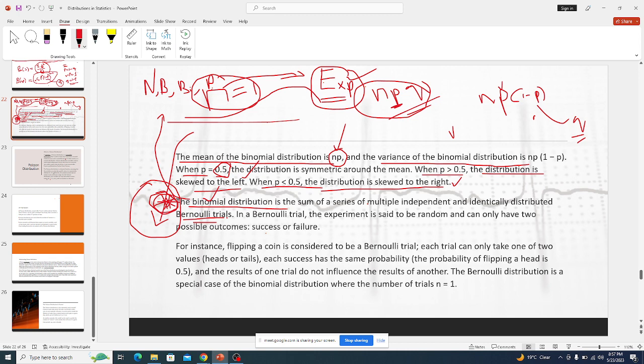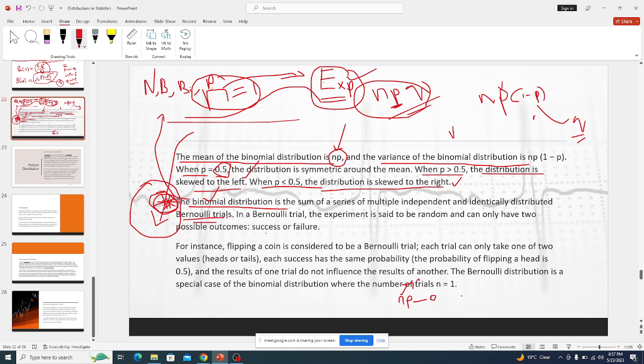So we also discussed the mean and the variance for the binomial distribution, where we said the mean is n multiplied by p, whereby n is the total number of trials, and p is the probability of a success.